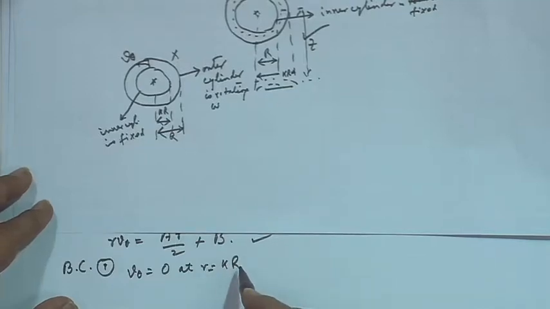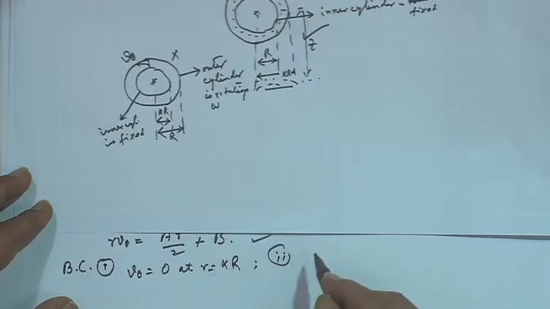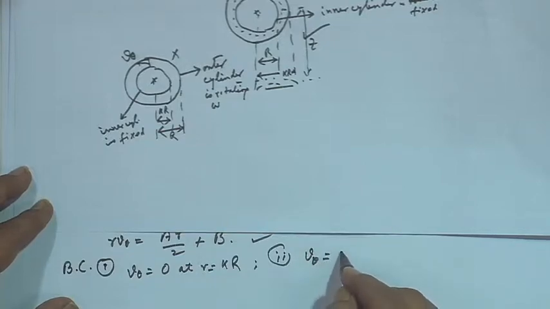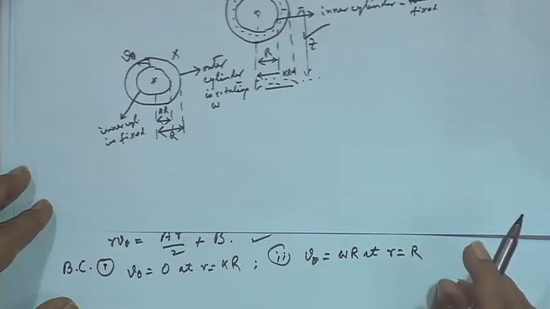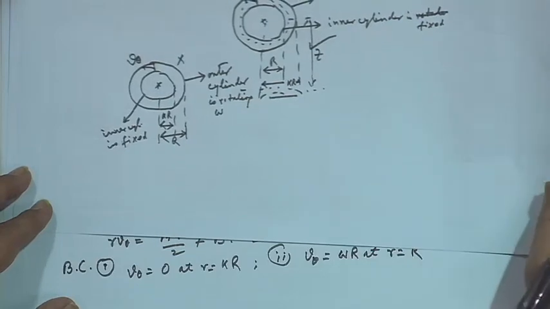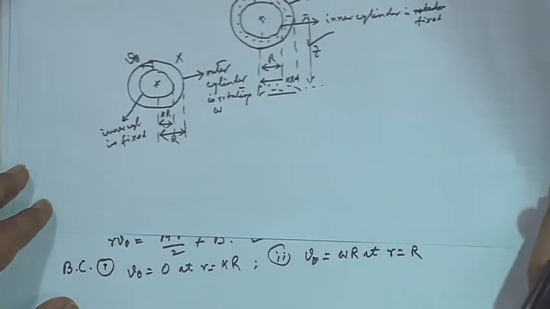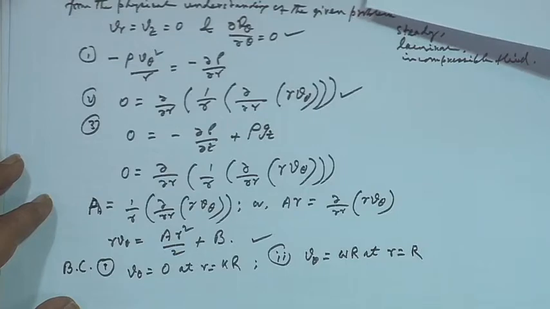This is boundary 1, and boundary condition 2 we can write V theta is equal to omega R at r is equal to capital R, right.